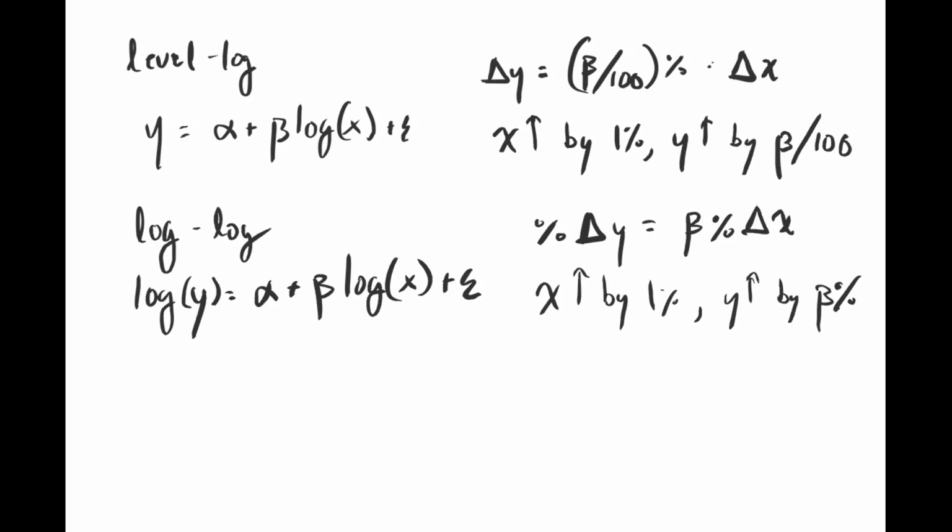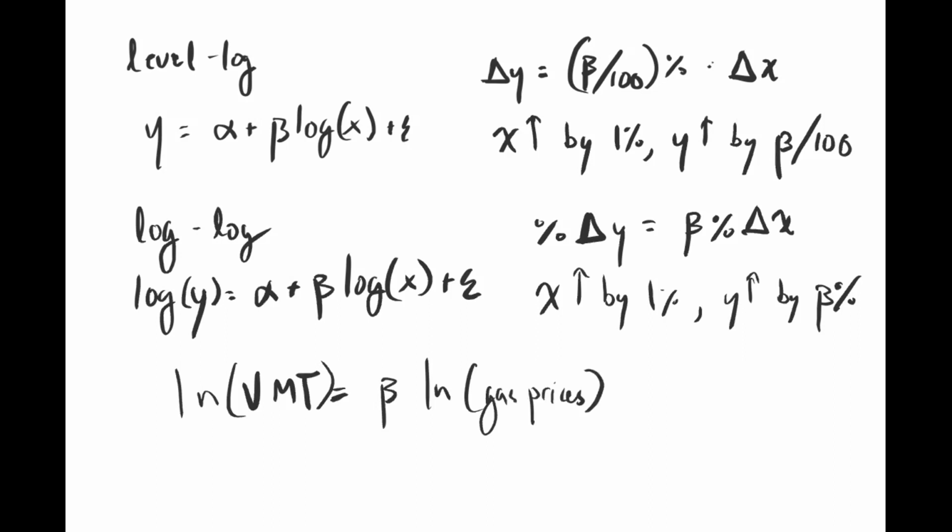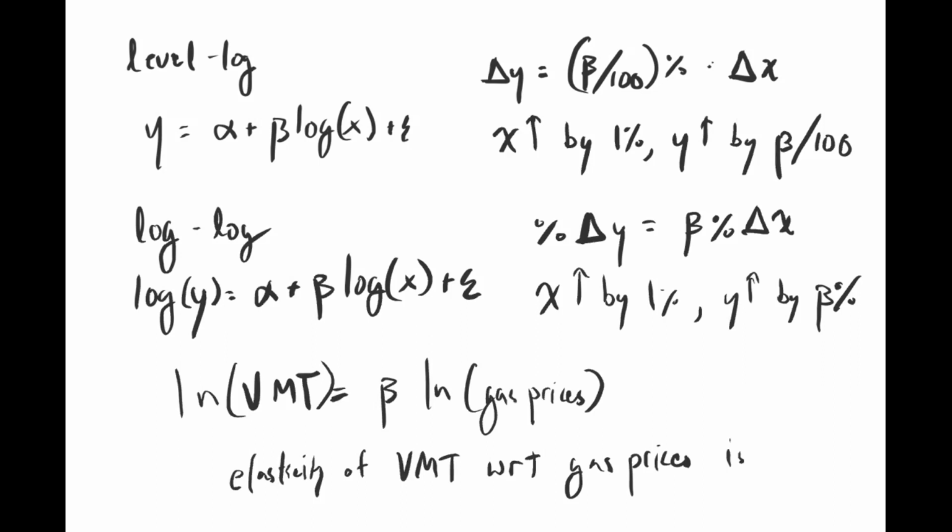So that might be something like, if I had VMT as a function, if ln of VMT is a function of ln gas prices, then the interpretation of this would be the elasticity of VMT with respect to gas prices is beta, right?